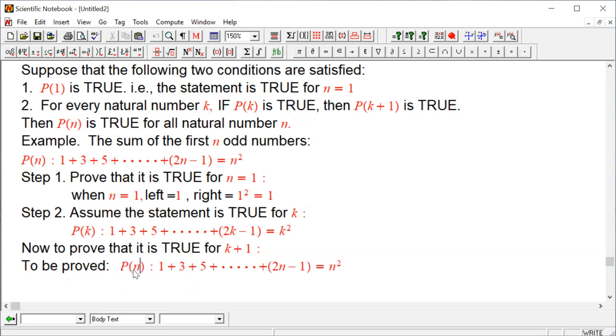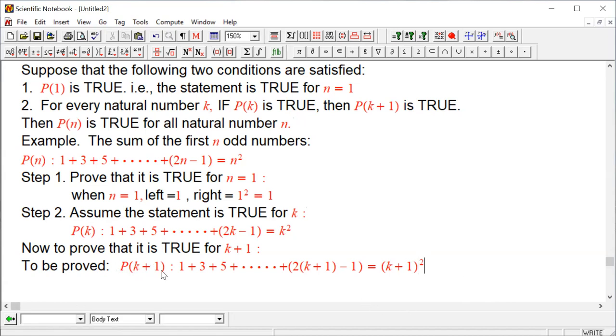To be proved is P(k+1), where all the n turn into k plus 1, and this is going to be (k+1) squared.